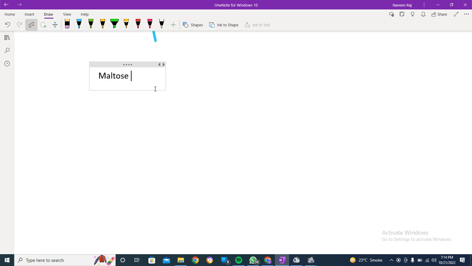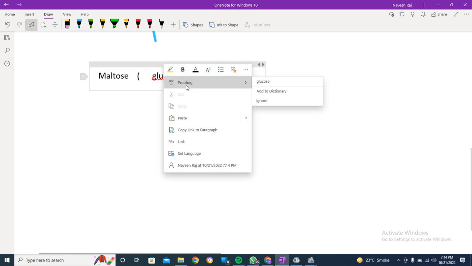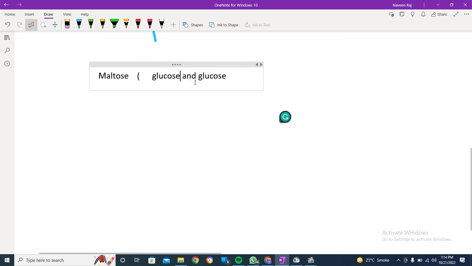Maltose is a disaccharide that is formed by glucose and glucose. Why did I make some space?